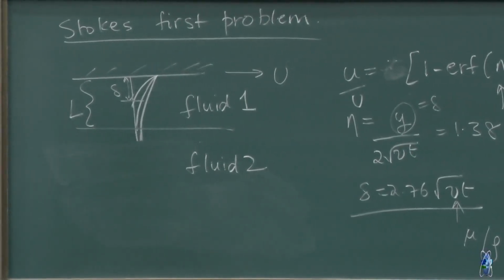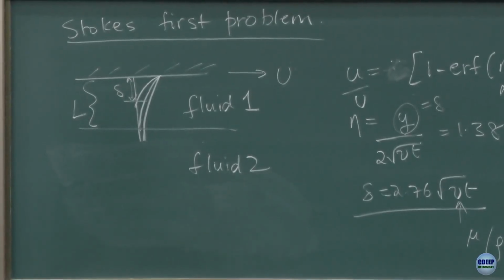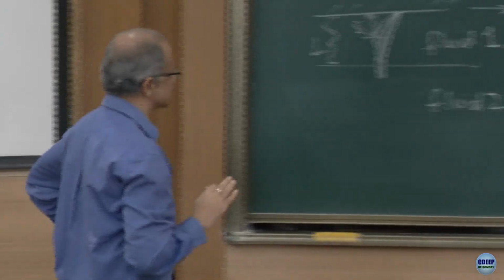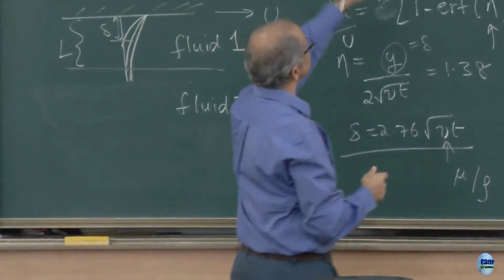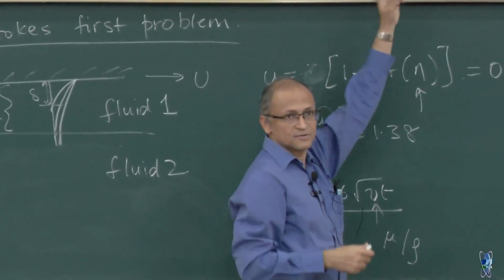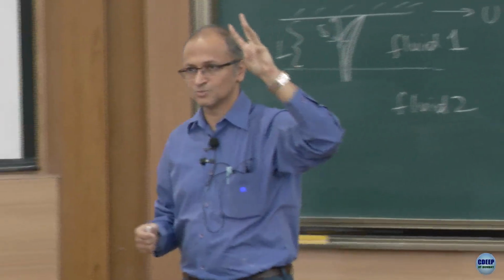Similarity will not work for you, right? And how did we find that similarity was working in the previous problem? The solution looks very simple, but there are a lot of intricacies involved. We found that there were three conditions: this equation needs two boundary conditions and one initial condition to be satisfied.